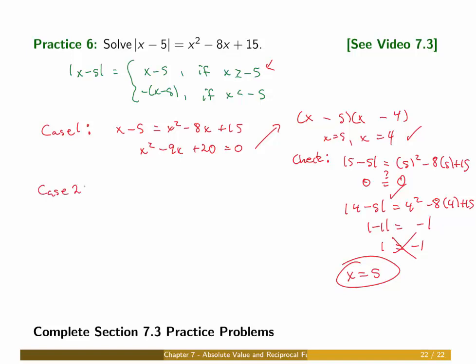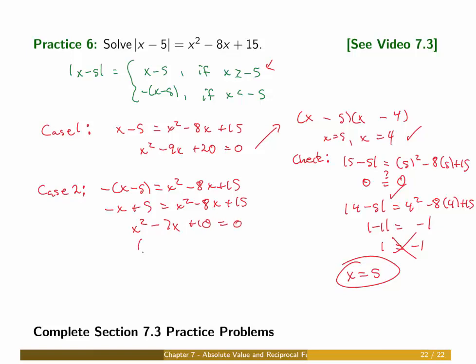Moving to case 2, we have x with the negative. We move on to the following: negative x plus 5 equals x squared minus 8x plus 15. So we're going to have x squared, this time negative 7x, and this time plus 10 equals 0.